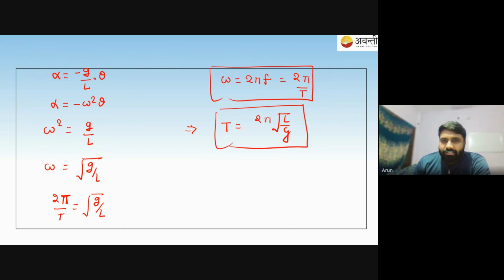So this expression you must have seen somewhere. This is the expression for time period of a simple pendulum.